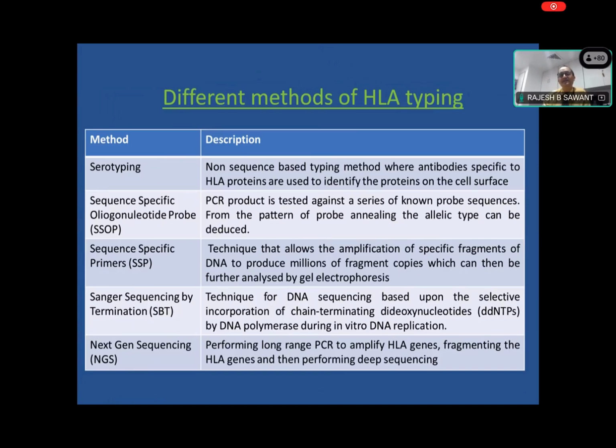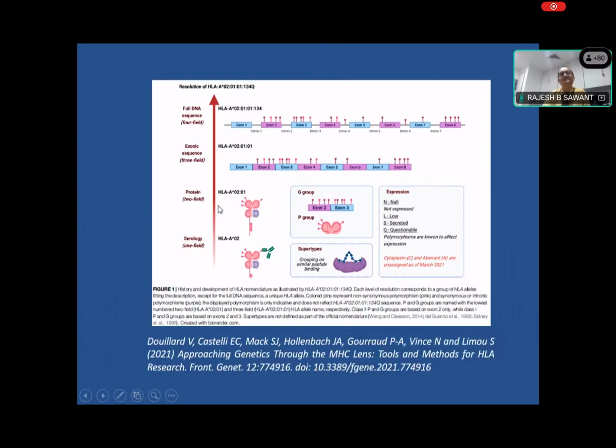So SBT is also available. And then today, the most popular one, the highest resolution, will be given by your next generation sequencing, where you are performing long range PCR to amplify the HLA genes, fragment the HLA genes, and then perform the deep sequencing. So that is how the different methods of HLA typing can be viewed.